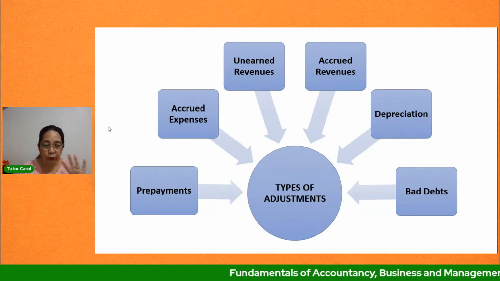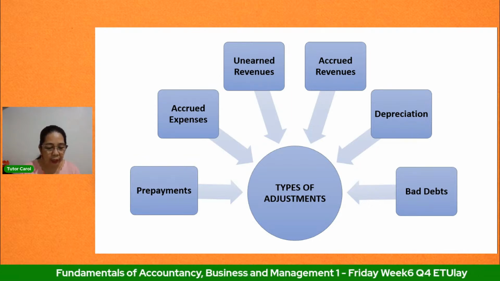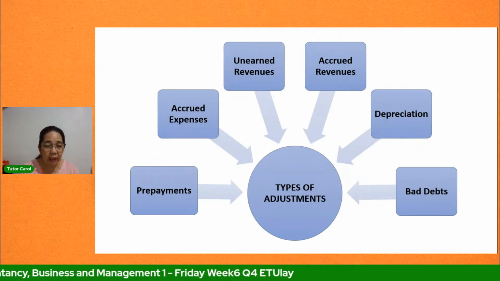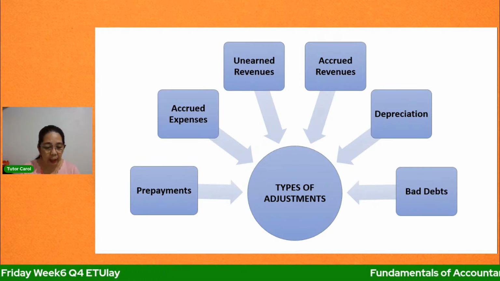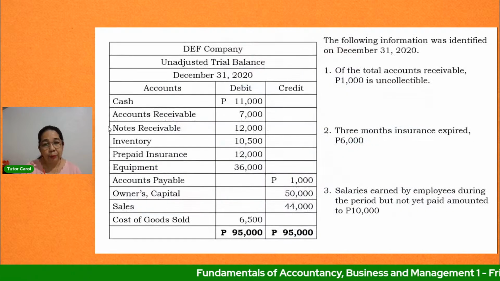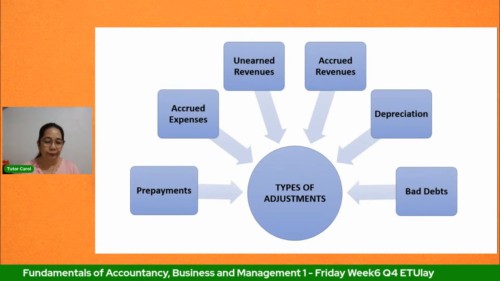Pag talagang you are sure that you cannot collect that, use the direct write-off method. Tanggalin mo na agad yan. Expense na yan at tanggalin mo na siya sa receivables. The other one is allowance method, baka pwede pang masingil.